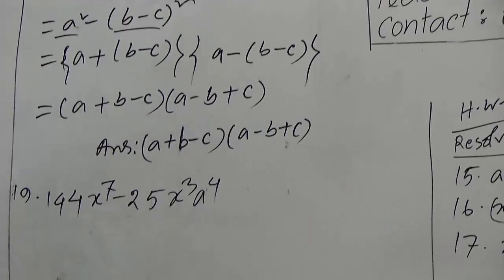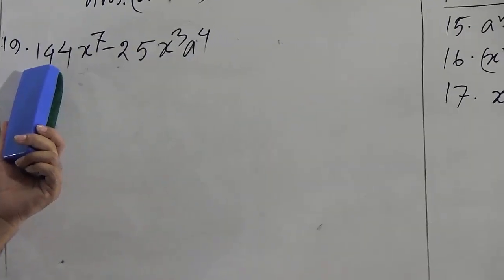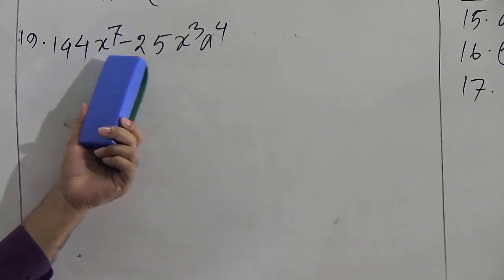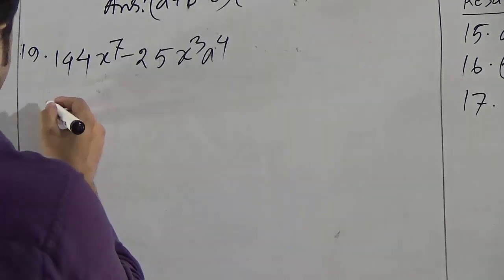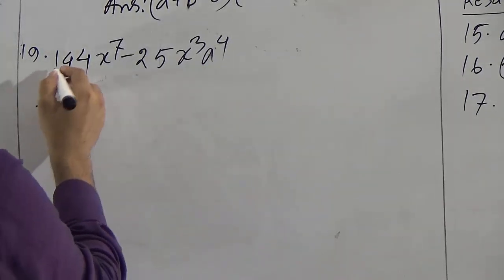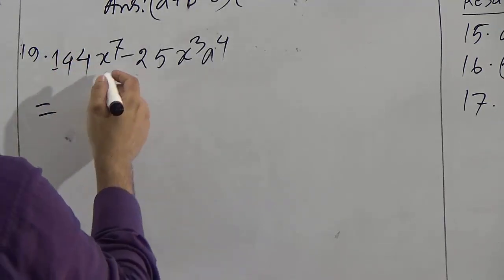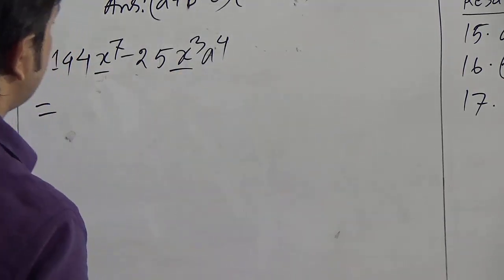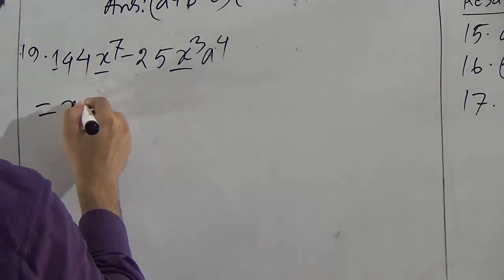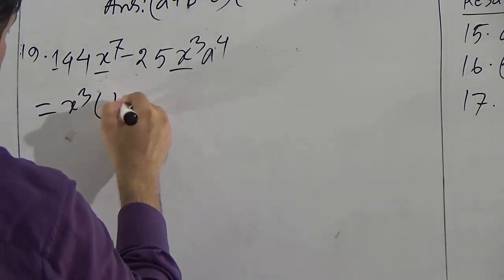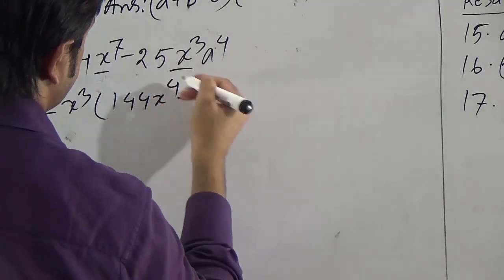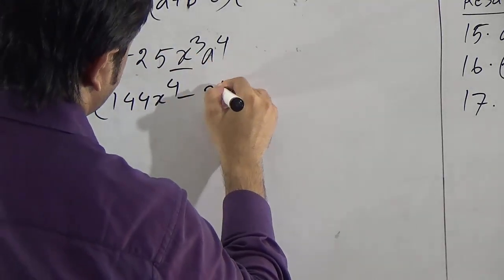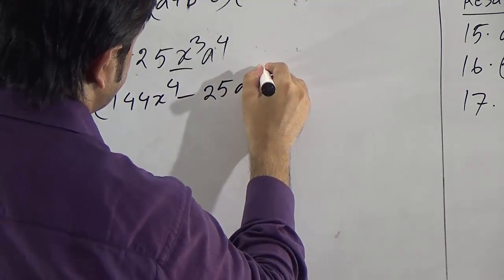Now question 19. 144 x to the power 7 minus 25 x cube a to the power 4. Here we can take any number as common, but we can take x cube as common. So take x cube as common. 144 x to the power 4 will remain here and 25 a to the power 4 will remain here.